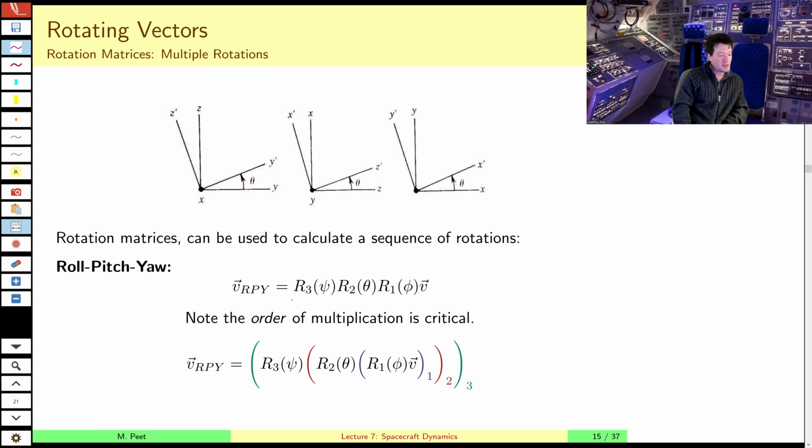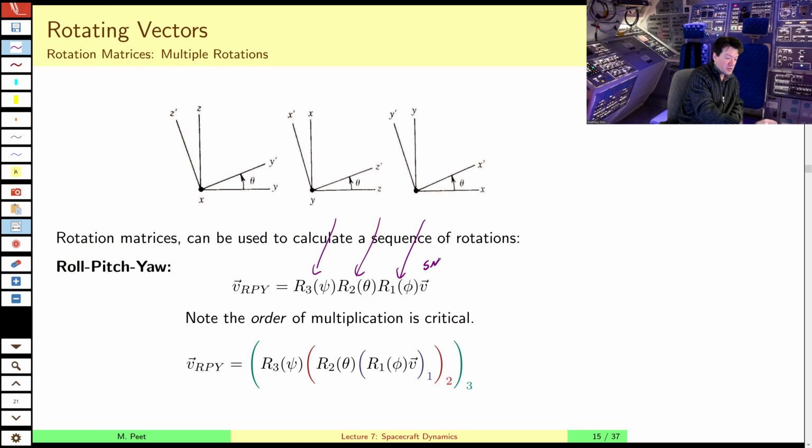Rotation matrices can be used to calculate a sequence of rotations of the coordinate system. Now, keep in mind that once you've rotated the coordinate system, the next rotation is a rotation of that new coordinate system. And then the next rotation is a rotation of that new coordinate system.